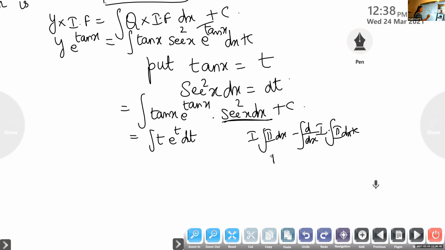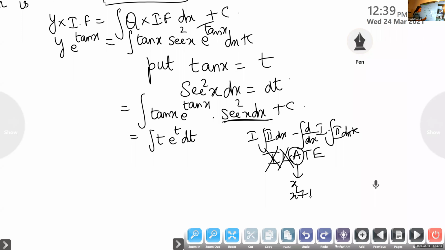For selecting the first function, what is the rule we have? The rule we will use is ILATE. Inverse function, is it there? No. Logarithmic function? No. Algebraic function, is it there? Algebraic functions are x square plus 1 and so on.